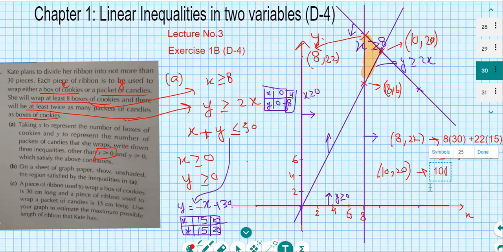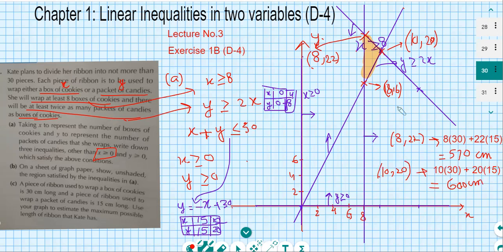10 into 30 plus 20 into 15. The total length will be equal to 300 plus 300, 600 centimeters. All right, third point.